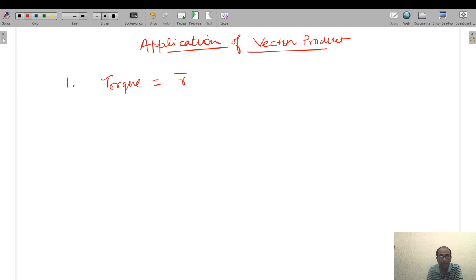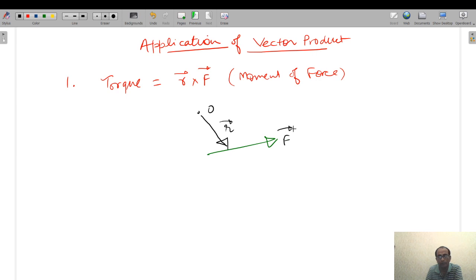Torque is R cross F. This is the moment of force. So if some force is acting in this direction and you have to find its moment about a point, say point O, if this is your displacement vector R and this is your force, then torque here is given by R cross F.